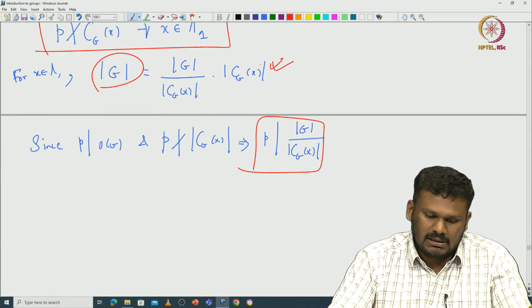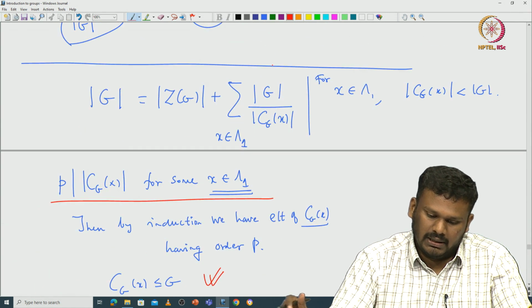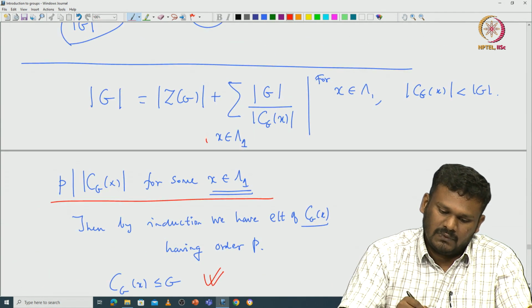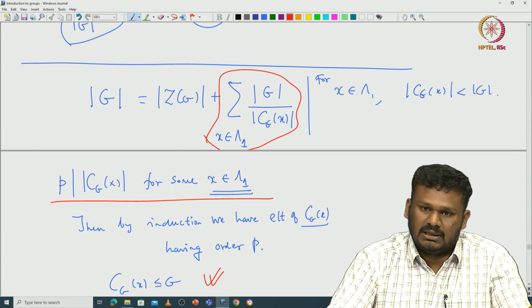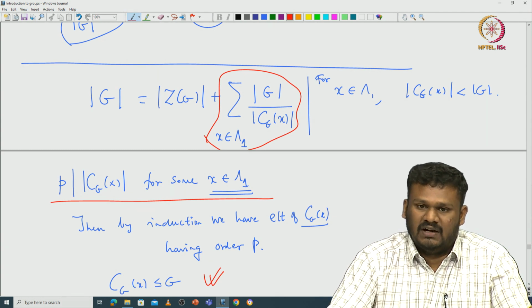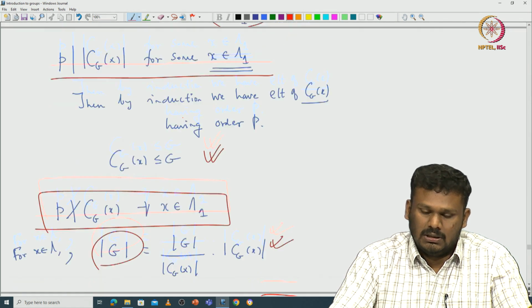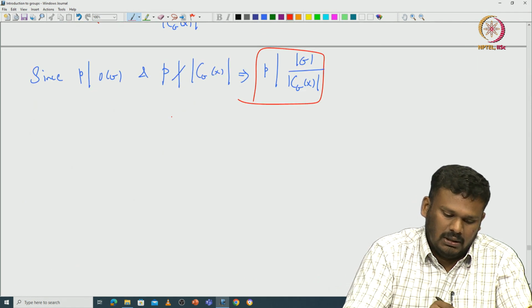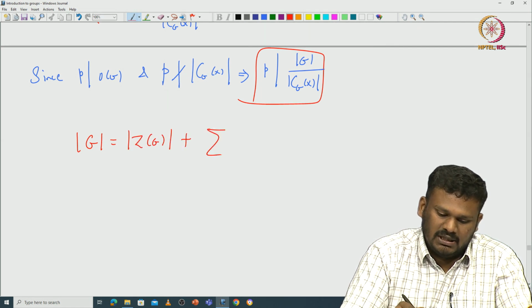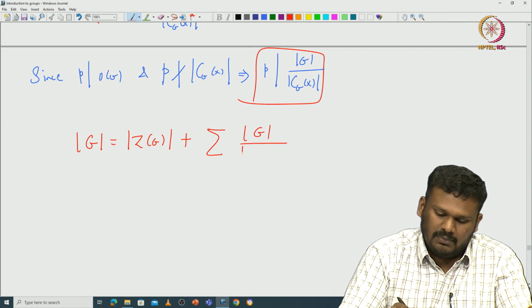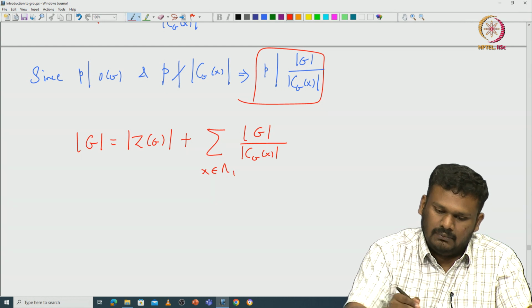So that means all the numbers that appear in this sum on the right side are divisible by p. Okay. So that is what we are getting. So recall the cardinality of G is nothing but the cardinality of the center plus the summation of the cardinality of G divided by the cardinality of C_G(x), where x comes from Λ1.